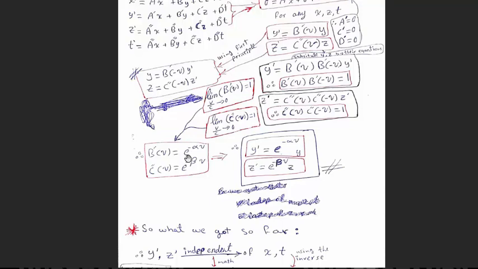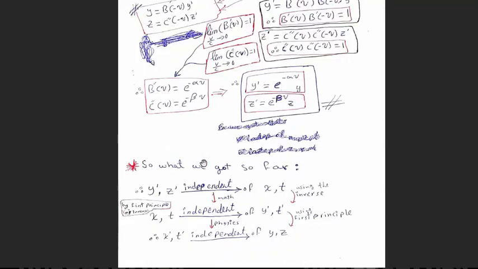This is an exponential function in v, but a linear function in the coordinates x, y, and z. We don't care about v. We just care that it is linear in x, y, and z.